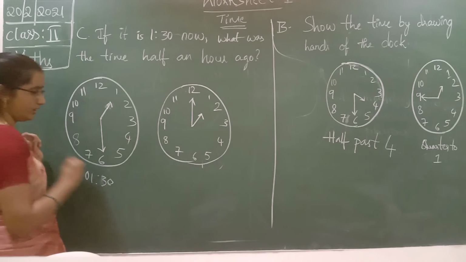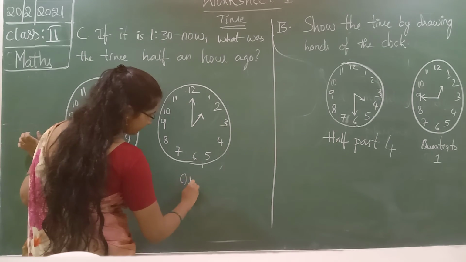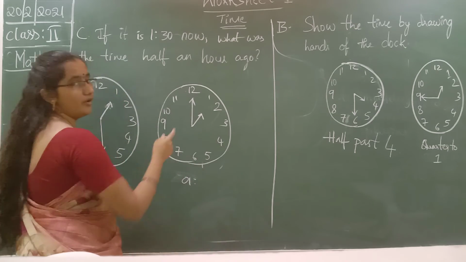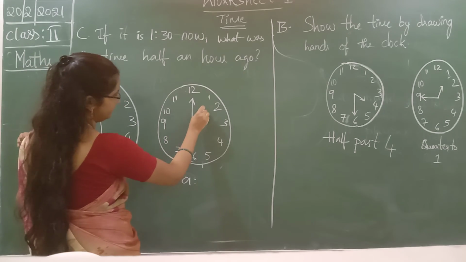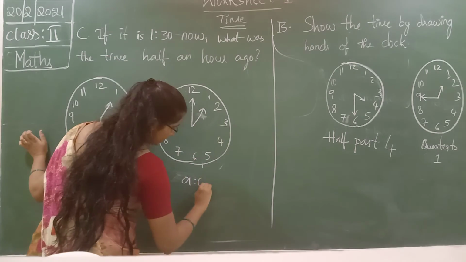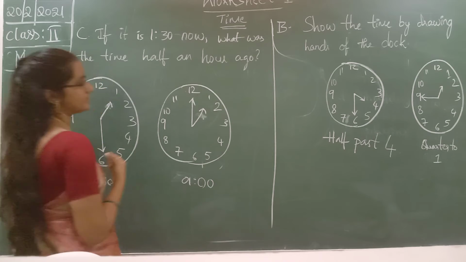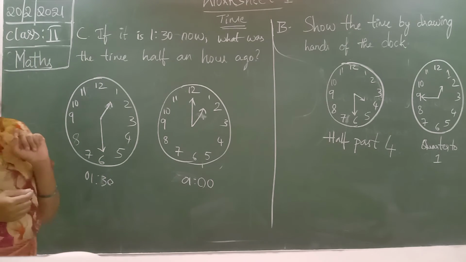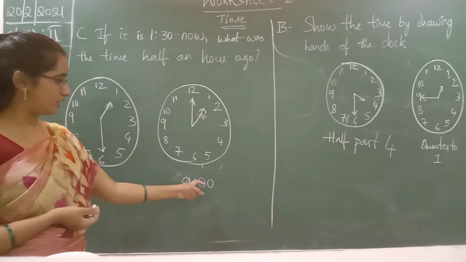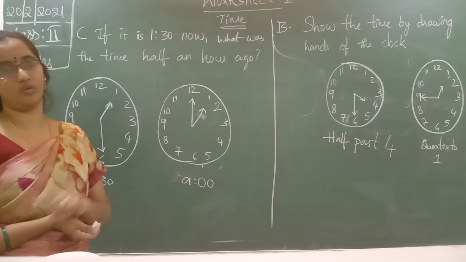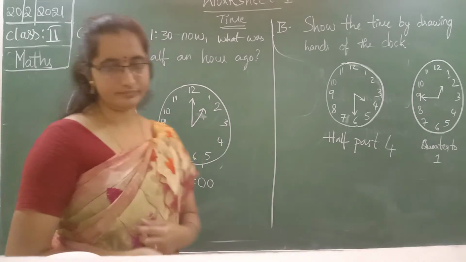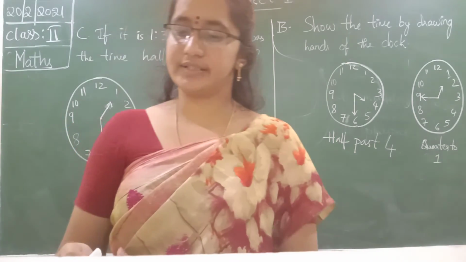It is 1:30, so what will the time be? 1 o'clock. The time will be 1:00, 1 o'clock.